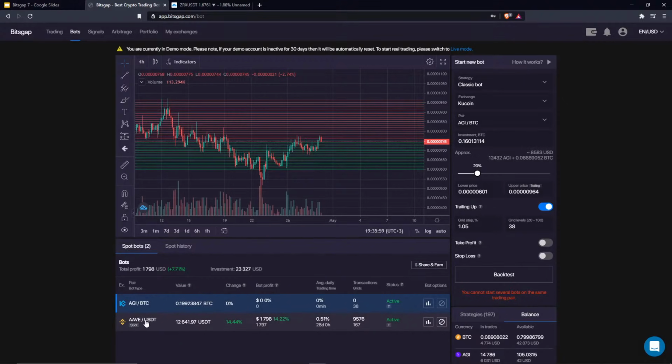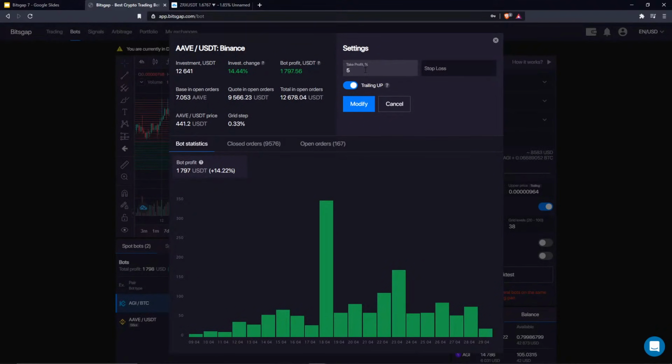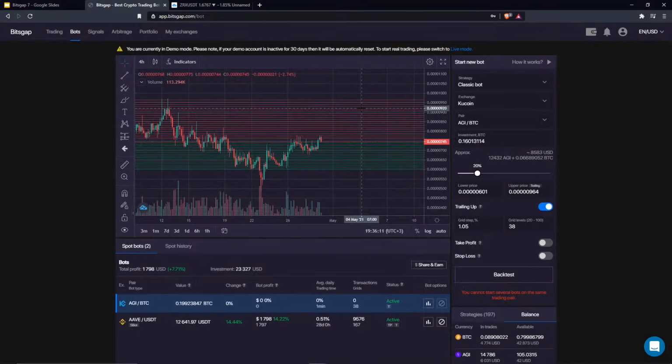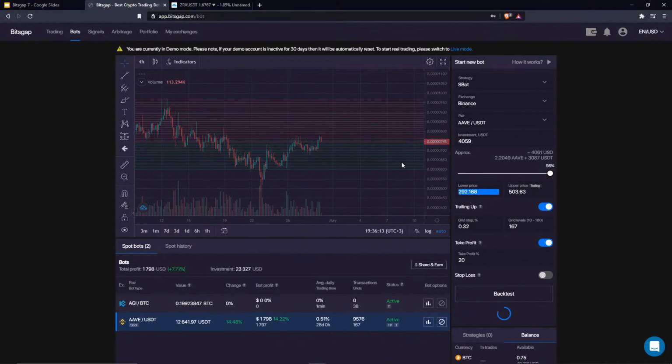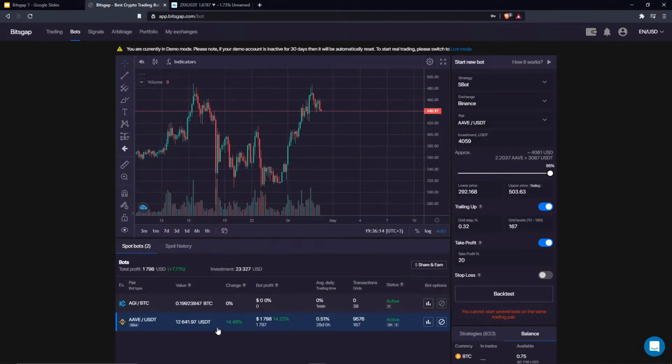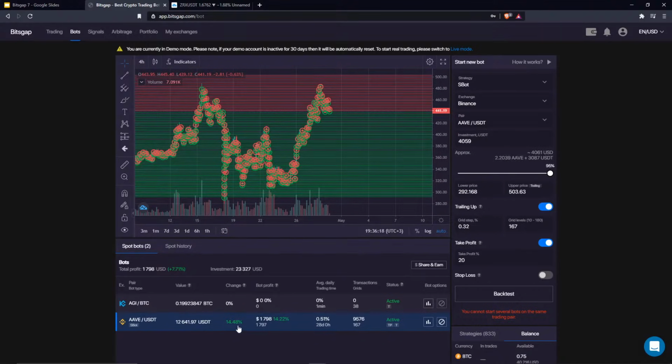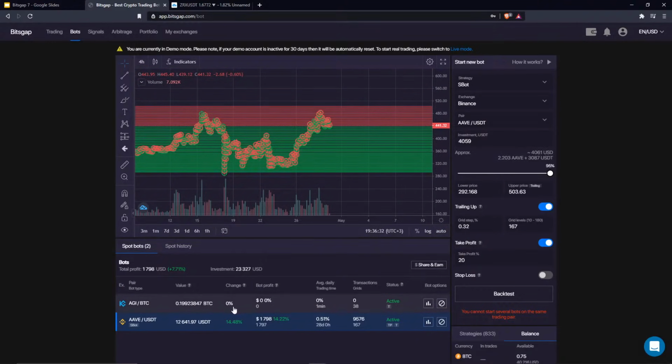You see that in our case it will pretty soon reach 20%, so let's set it to 20%. In this case, as it reaches 20% of the investment change, it will automatically close the bot by selling all of the base currency remaining in trades. So that's the thing about the take profit.